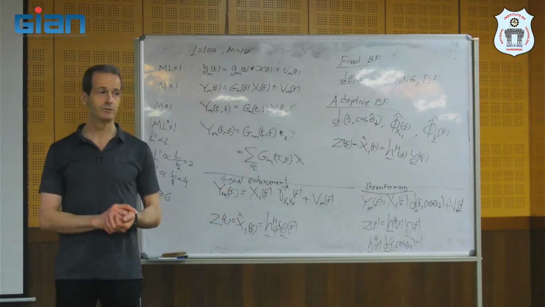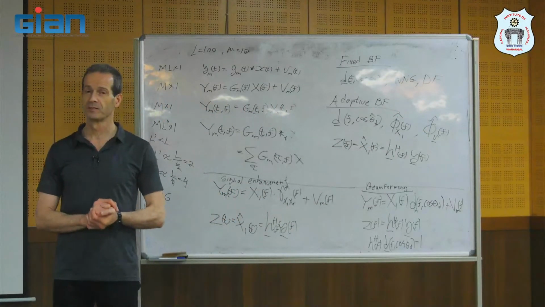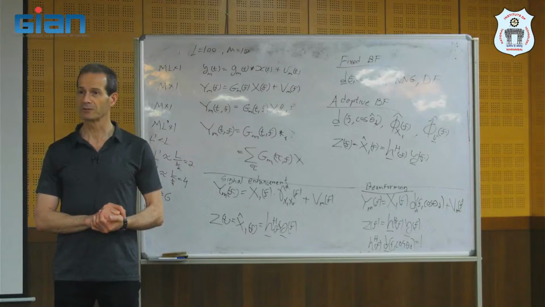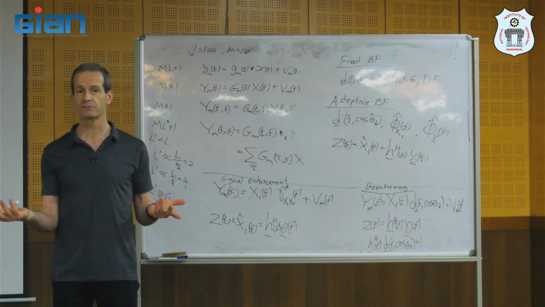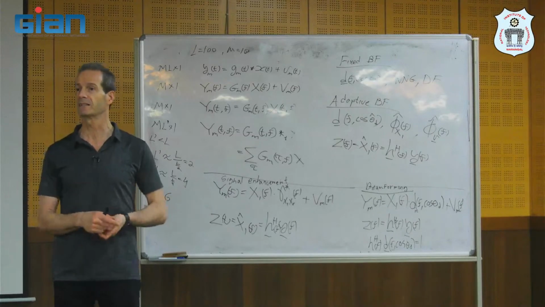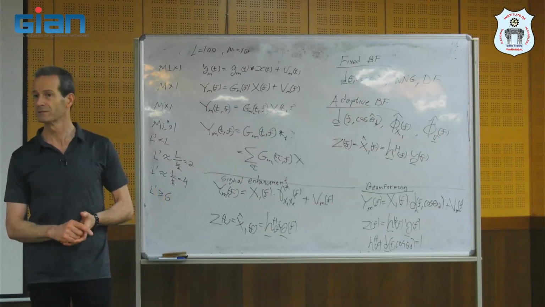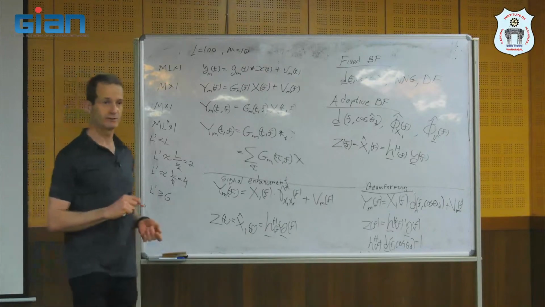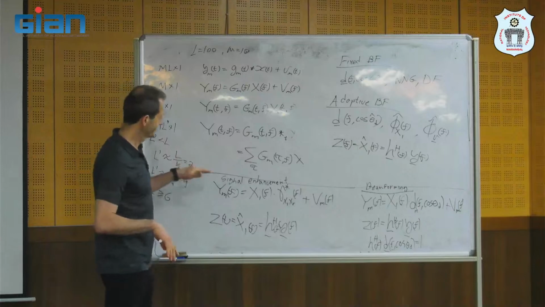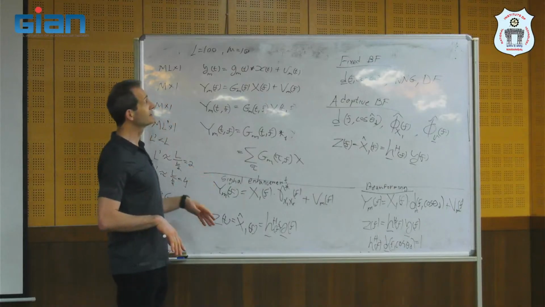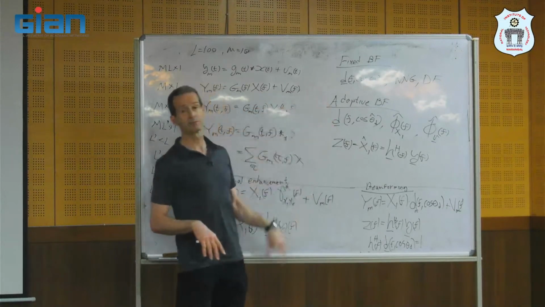Now that you know this difference, ask people who work in array processing if they understand this difference. Ask them, what's the difference between adaptive beamforming and multi-channel signal enhancement? It's not that obvious. But now you know the differences between multi-channel signal enhancement, fixed beamforming, and adaptive beamforming.